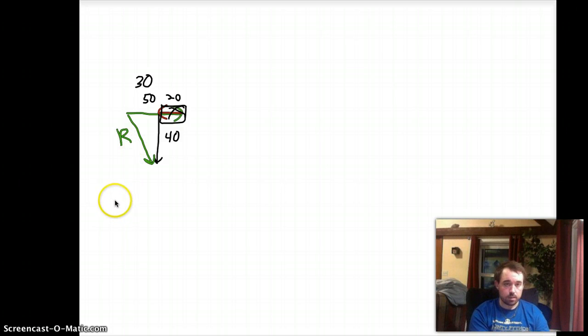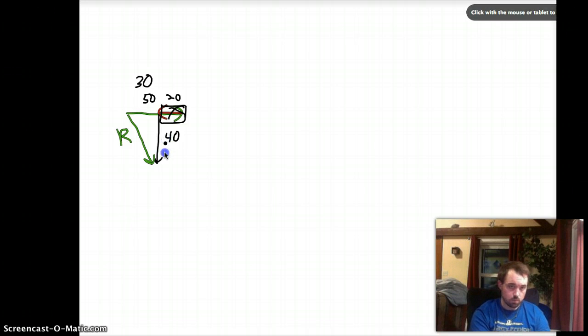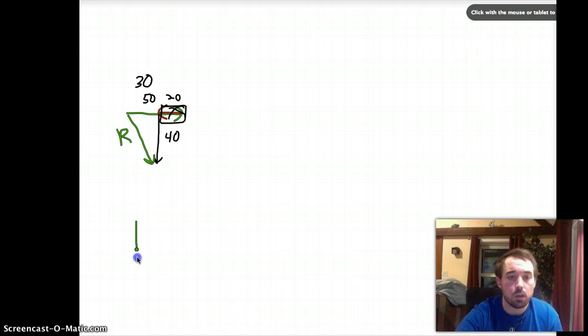So our resultant, r squared, what is this? Not working. Sorry, having all sorts of issues here. I've got to use my mouse pad.